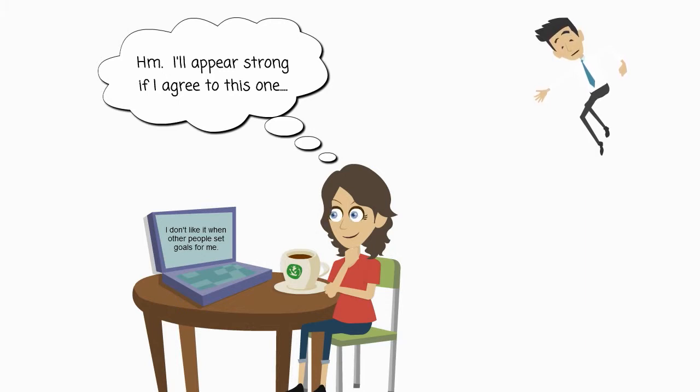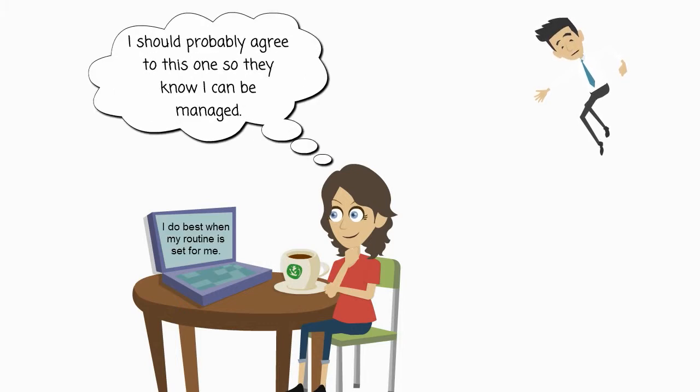I don't like it when other people set goals for me, and it looks like, yep, she's going to strongly agree to that statement. To save us all some time, I fast-forwarded Sally up a few pages, and we can see the item she's responding to now is, I do best when my routine is set for me. And look at that, she's going to strongly agree to that one too.